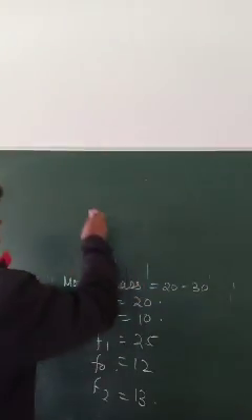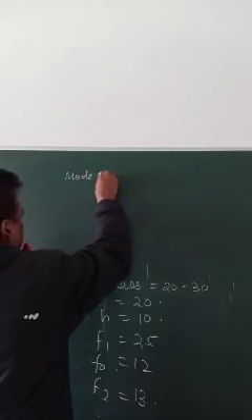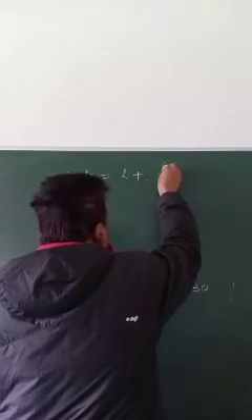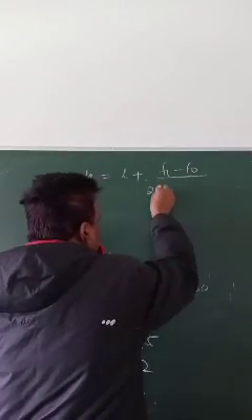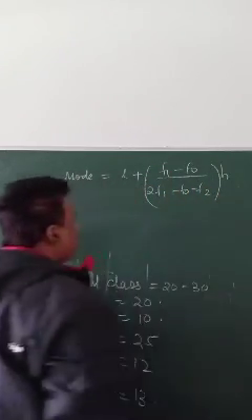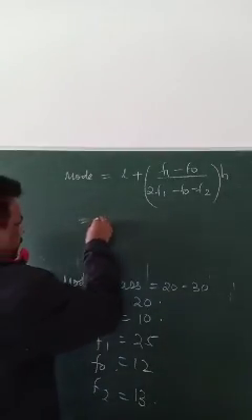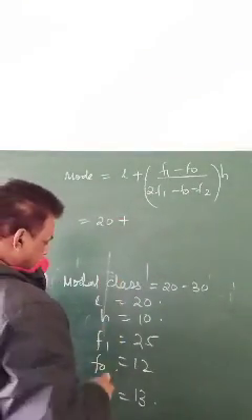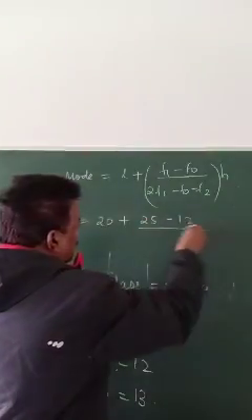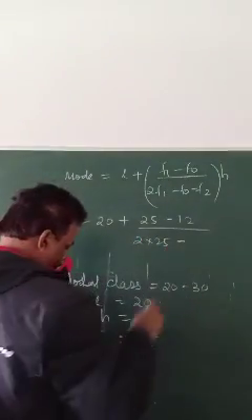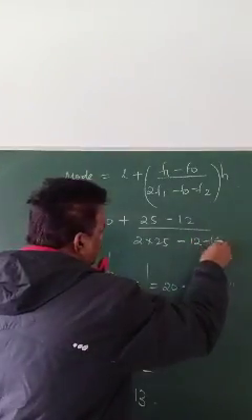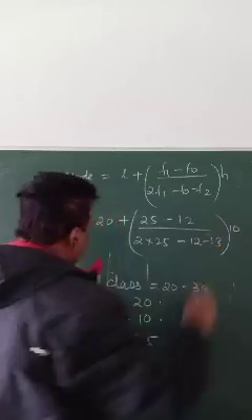So you will get mode equals L plus, what is the formula I have given you, F1 minus F0 upon 2F1 minus F0 minus F2, times H. L how much you write? 20 plus F1 is 25, F0 is 12, 2 into 25 minus 12 minus 30, whole into 10.